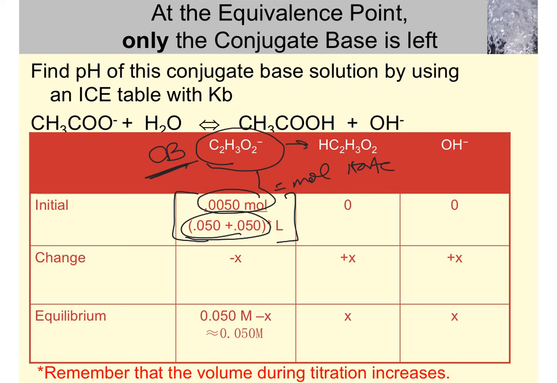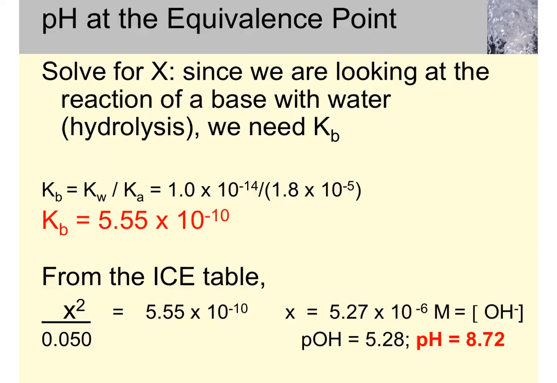So again, it's just a simple weak base ice table where you set the products equal to 0, you use X. It's okay to neglect X because the Kb we got from the other page is very small. Remember that X, since it's a weak base, is going to equal the concentration of hydroxide.